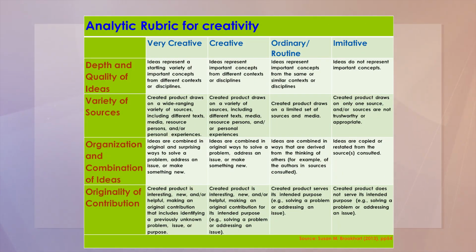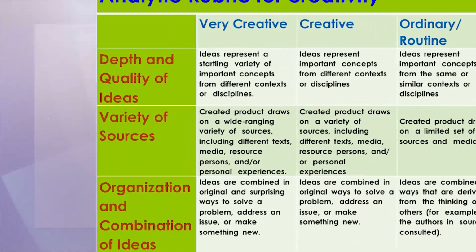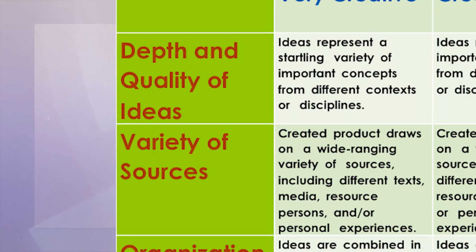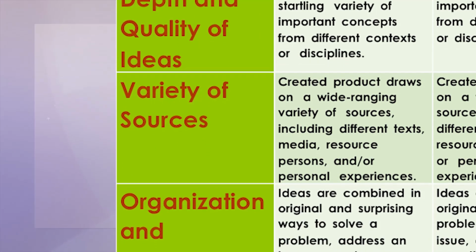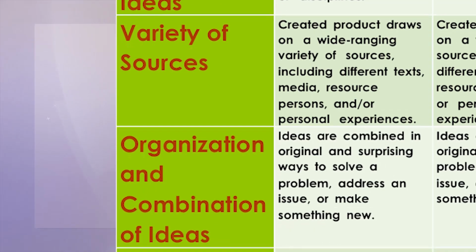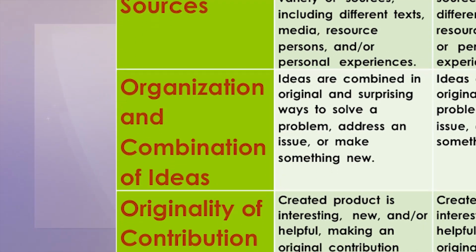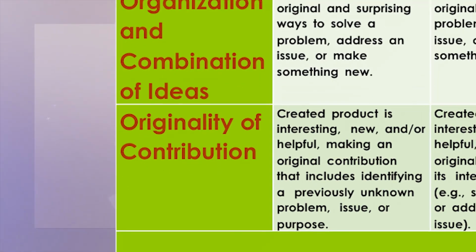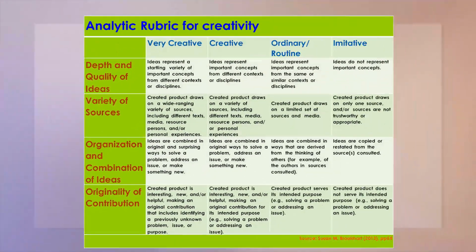Here is the analytic rubric for assessing creativity. In this rubric, the dimensions or criteria developed are depth and quality of ideas, variety of sources utilized, organization and combination of ideas, and originality of contribution. The chosen scales or levels of performance spread from very creative to imitative.